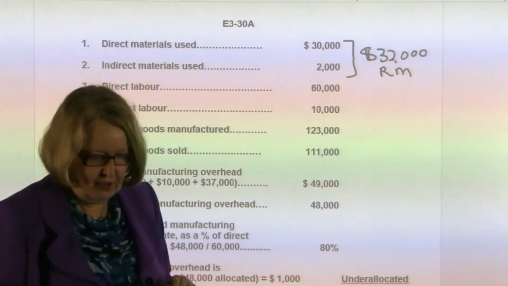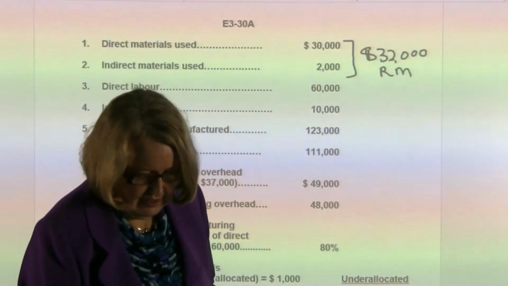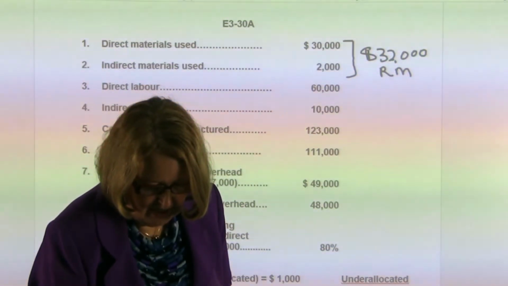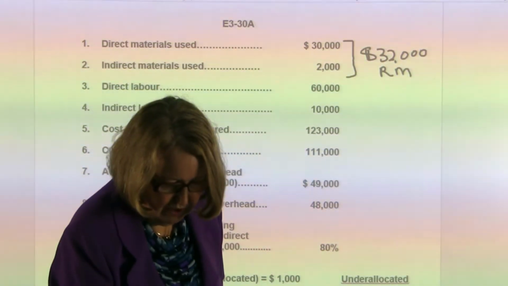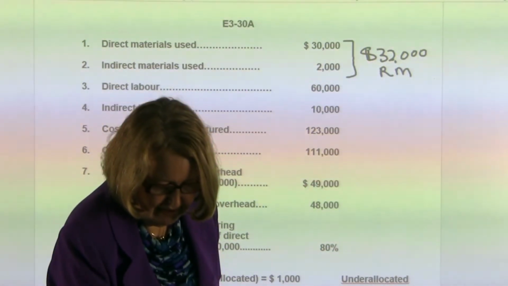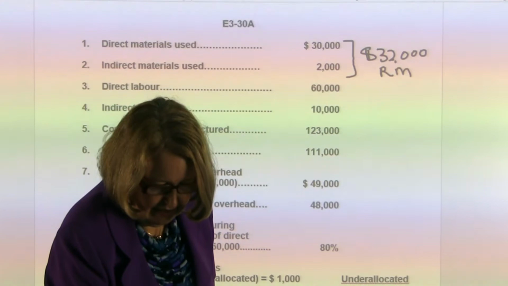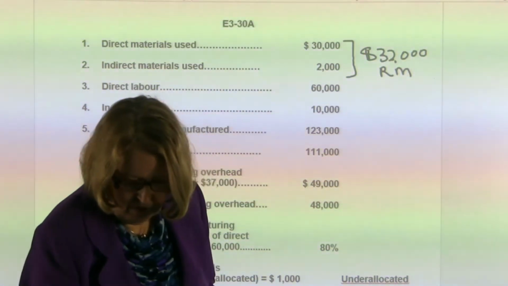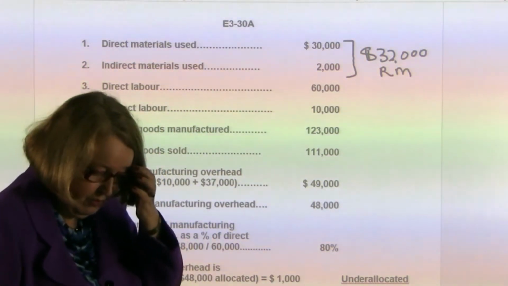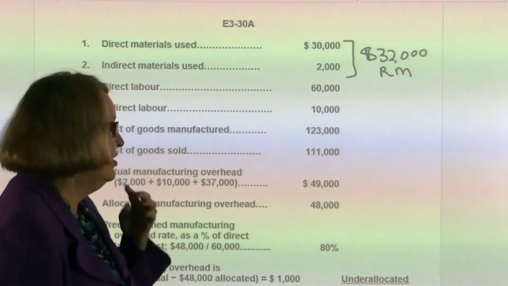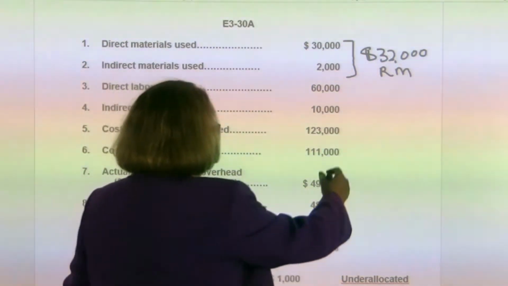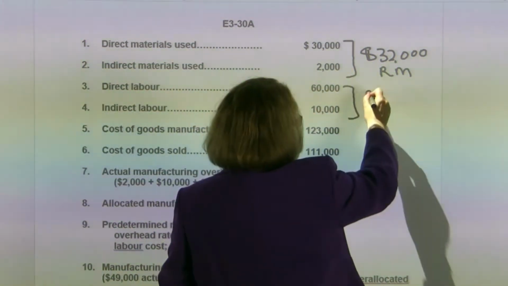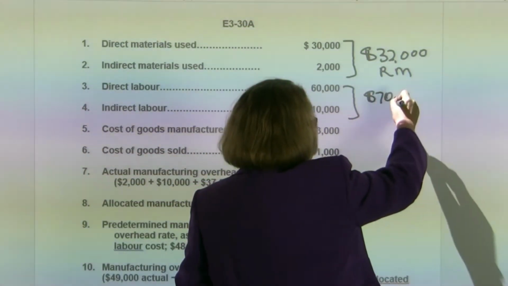The labor used, this information is in your work in process, so it's the 60,000 in labor. Where you're coming up with that is if you look at your wages payable, you have $70,000.